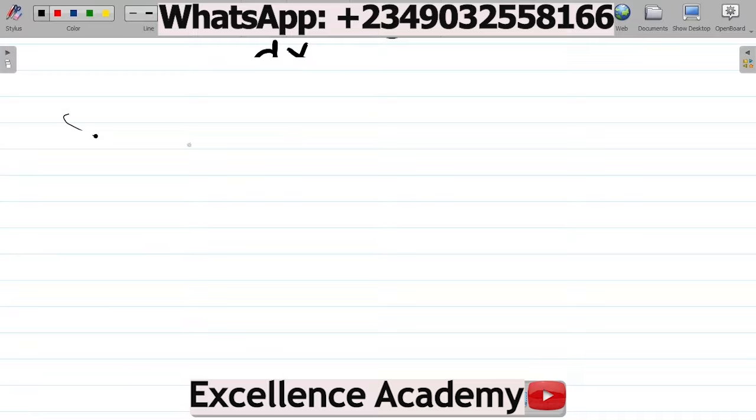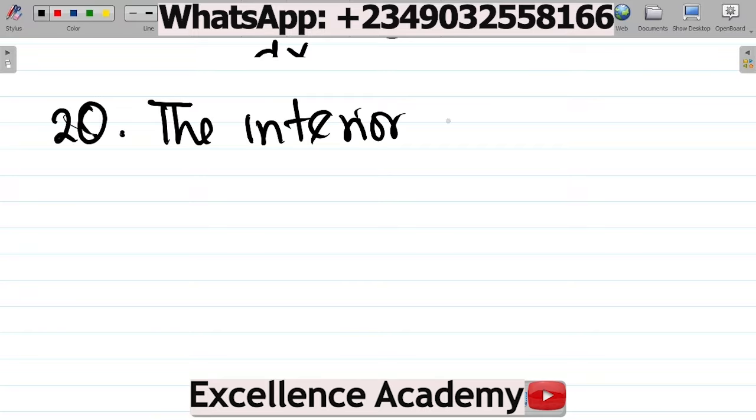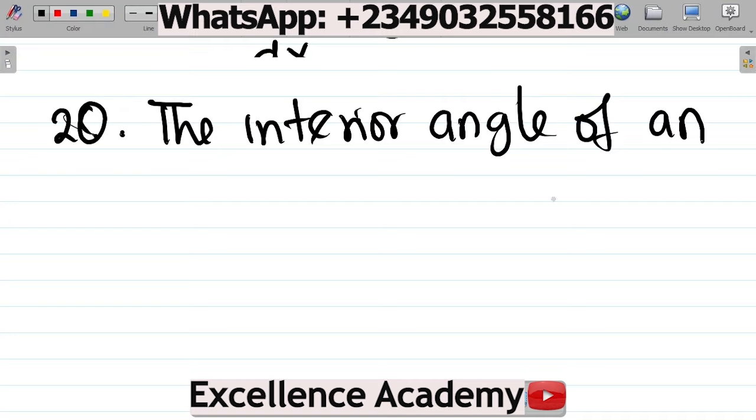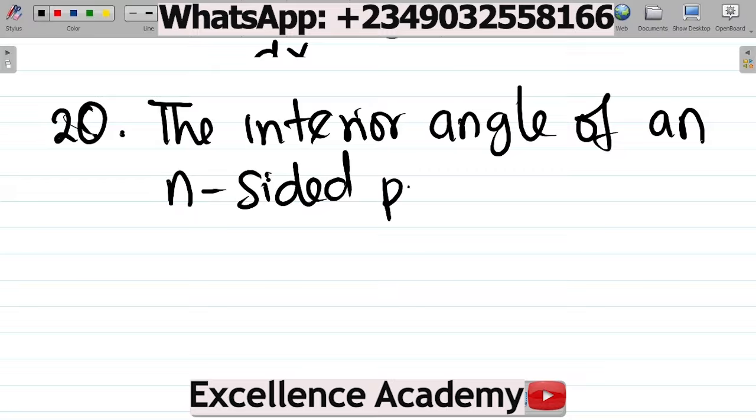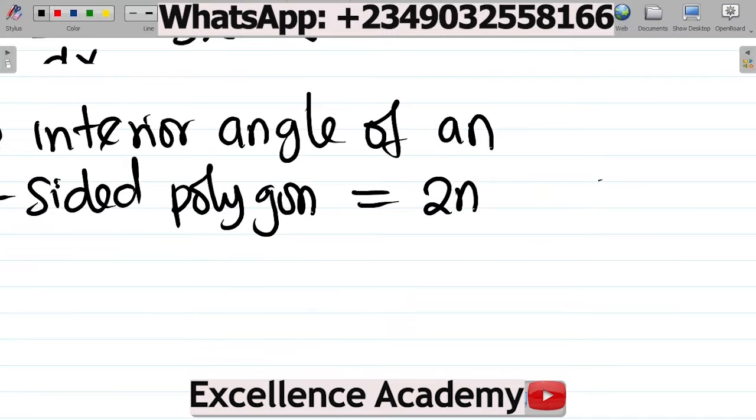For question number 20, the first thing you want to notice is that the sum of the interior angles of an n-sided polygon is given by (2n - 4) times 90 degrees.